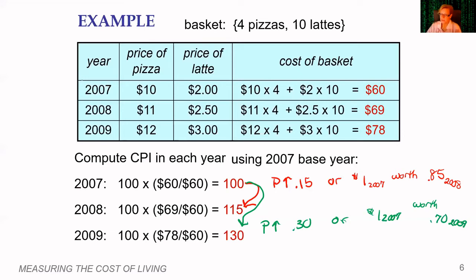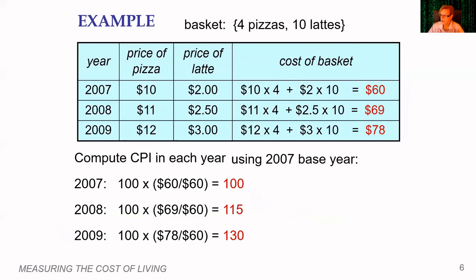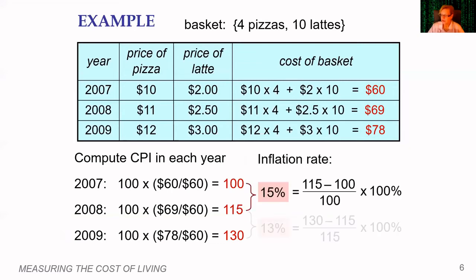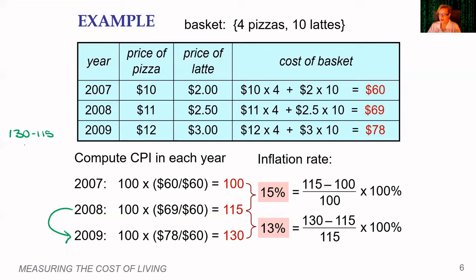Remember, what you can't do, much like GDP, you can't go from here to here because that's going to be a different percentage, and we're going to look at that in just a moment. So 15%, 13%. And if we wanted to look at the difference between the years, that's where we could use that percent formula. If you did want to go from 8 to 9, the correct way of saying that would be the most recent year, 130 minus 115 divided by 115 times 100 expressed as a percent.